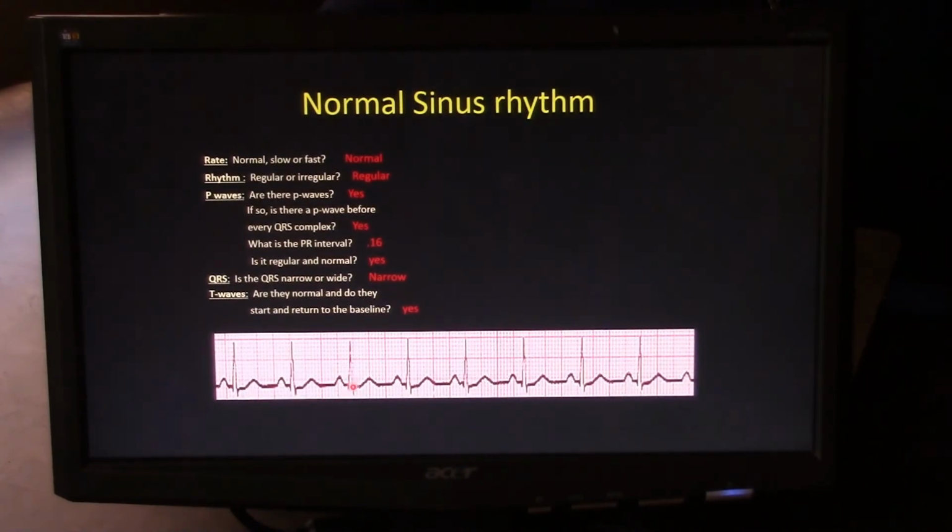The beginning of the Q wave, or the QRS complex, to the end of the T wave is known as the QT interval, and that should be less than 0.50 seconds. And that would equal less than about 12 to 13 boxes in length.